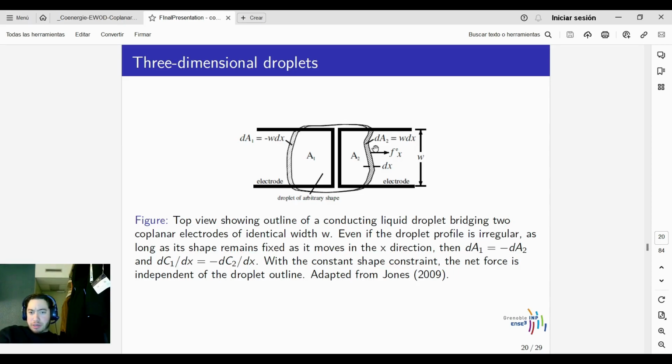We can see that the change of the shape surface of the droplet would be denoted by dA1 for the left hand side, and dA2 for the second electrode, which will be denoted by W dx, where W is the width of the droplet, and dx is the elementary change in the horizontal direction.